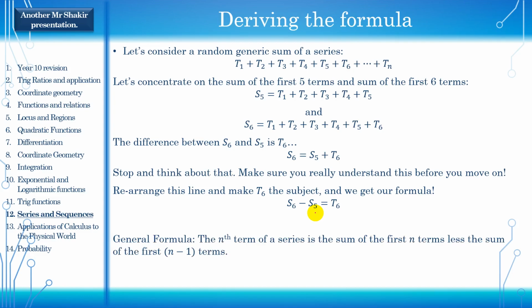The general formula is: the nth term of a series is the sum of the first n terms minus the sum of the first n minus 1 terms. Algebraically, nth term is equal to sum of the first n terms minus sum of the first n minus 1 terms. Okay, let's do some questions.